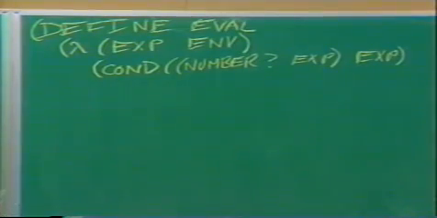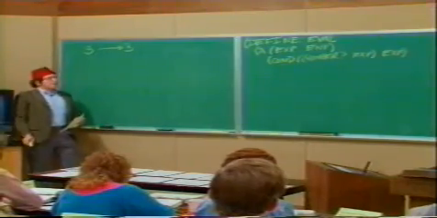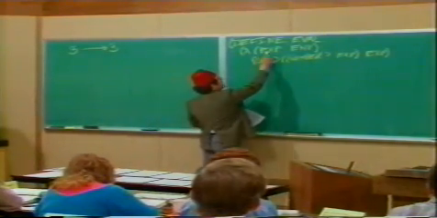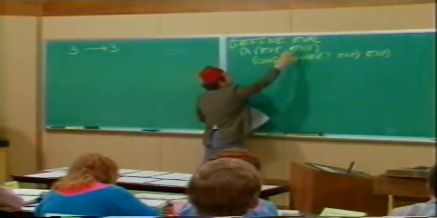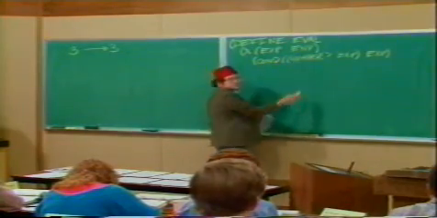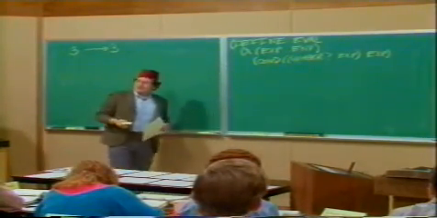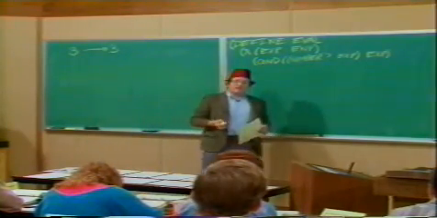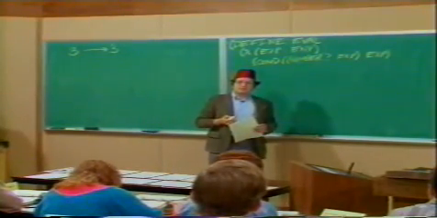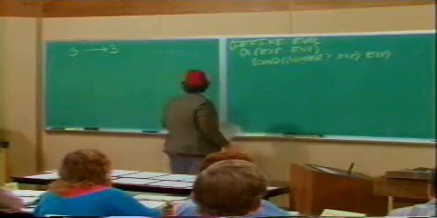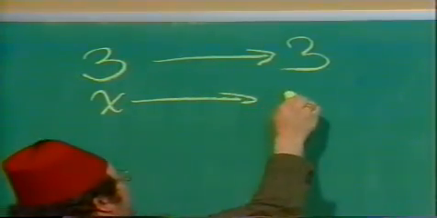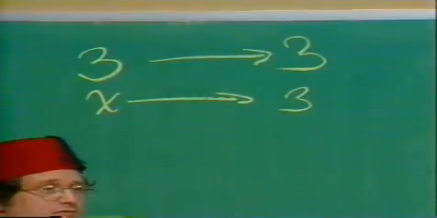Okay. Now the next possibility is things that we represent as symbols. Examples of symbols are things like exp, env, eval, number, x. What do I mean them to be? Those are things that stand for other things. Those are the variables of our language. So I want to be able to say, for example, that x transforms to its value, which might be 3.